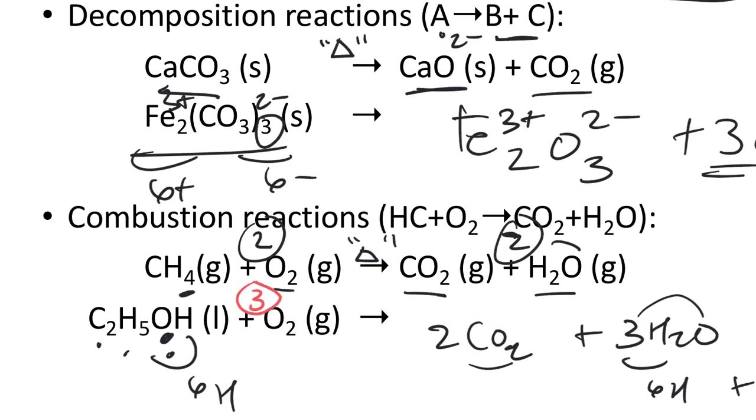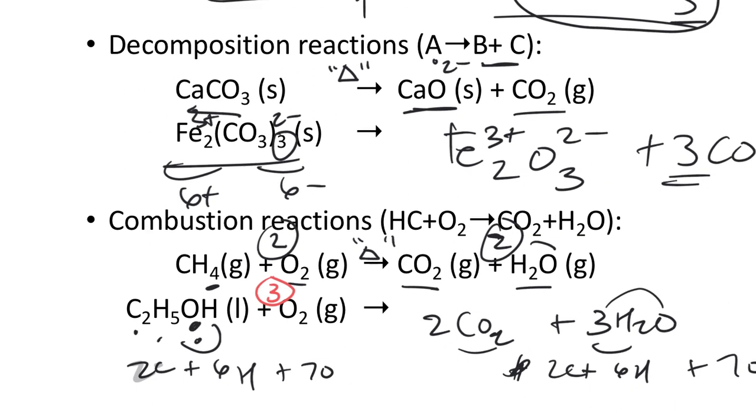So 3 O2s give me 6, plus the 1 from ethanol, give me 7. So that gives us the proper count here for 2 carbons, 6 hydrogens, and 7 O's, producing that same count.